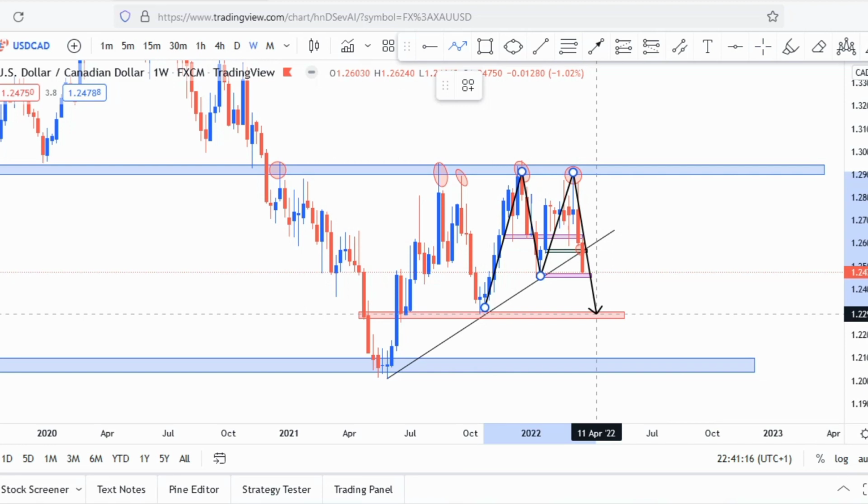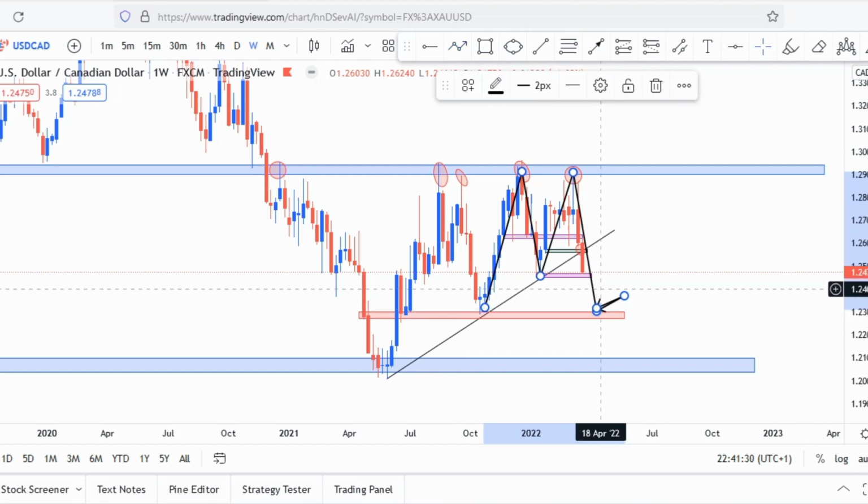1.23 area. Now this is one thing that can happen, and we have to take note of that. Now the issue is, will this level break now, or would there be a slight retracement to the top?